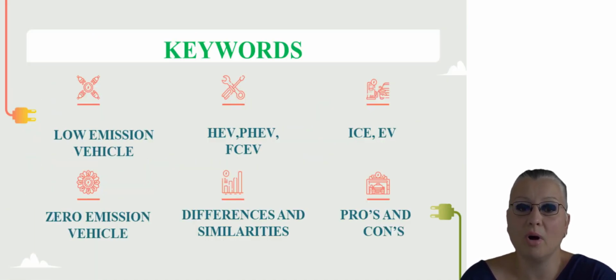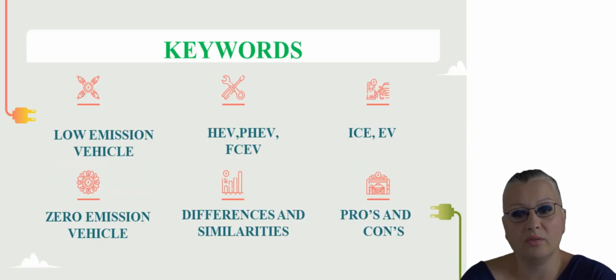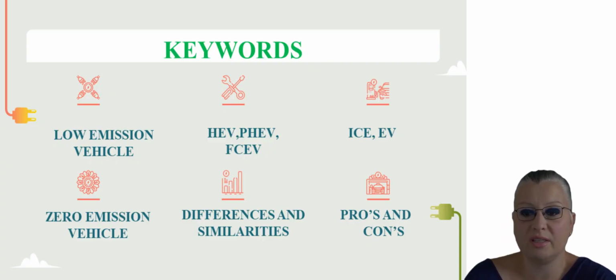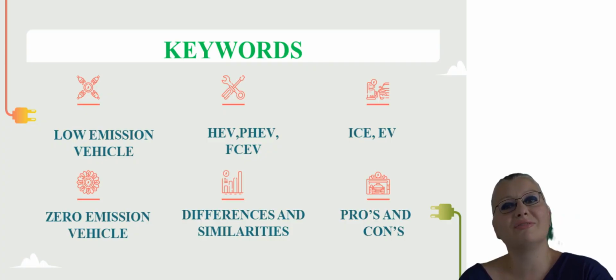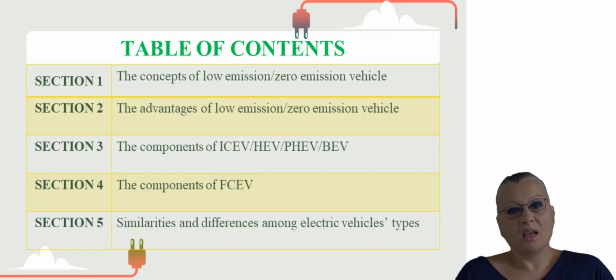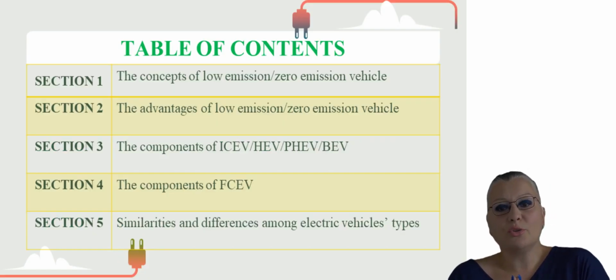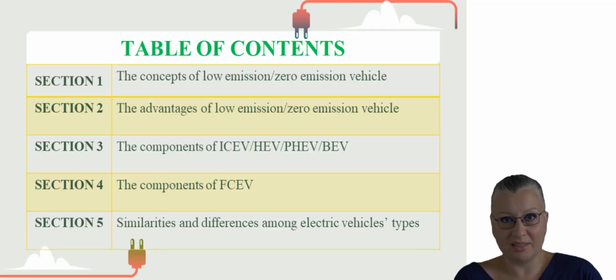Keywords for today's module: low emission vehicle, HEV, PHEV, FCEV, ICE and EV, zero emission vehicle, differences and similarities, pros and cons. Today you will be able to understand the concepts of low emission and zero emission vehicles, their advantages, the components of all electric cars and the similarities and differences among them.